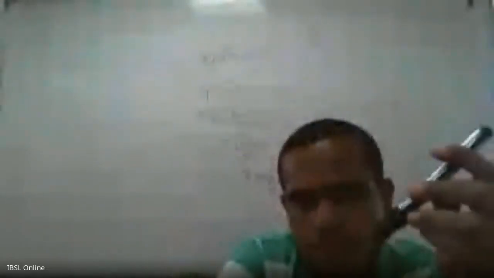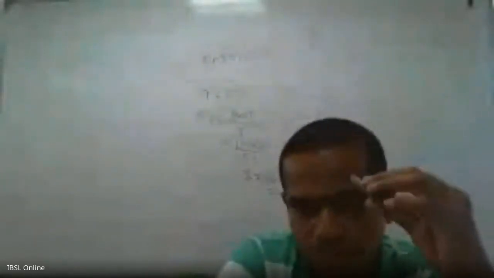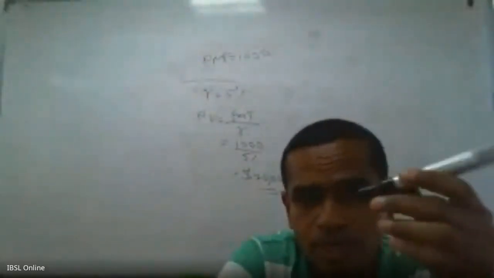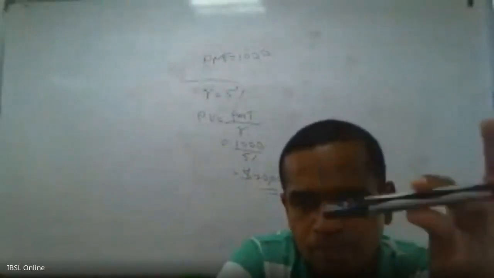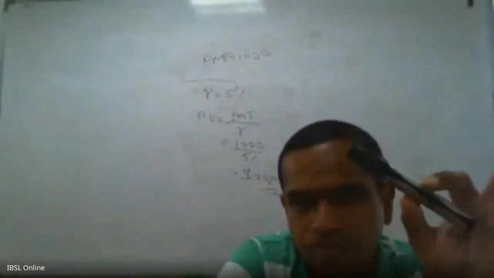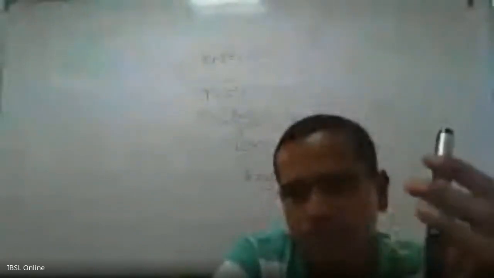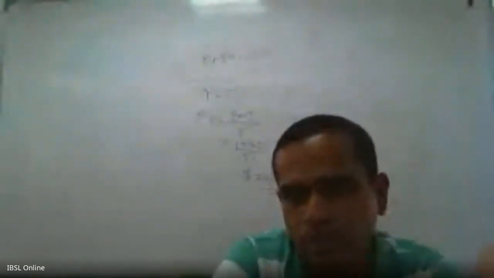Now, if this marker was priced at 1 million bucks, will I ever buy it? At 1 million bucks, will I buy it? I will not. Why? Because I will think the price is too high. It is not worth 1 million to me. In other words, from my point of view, the value of this pen is not 1 million. It isn't worth that much.